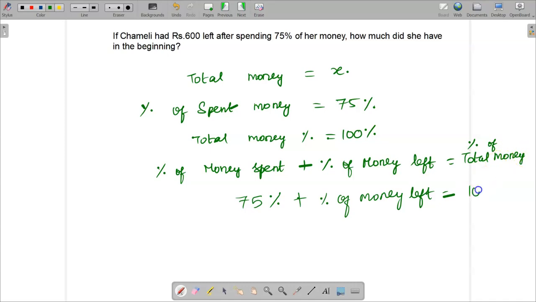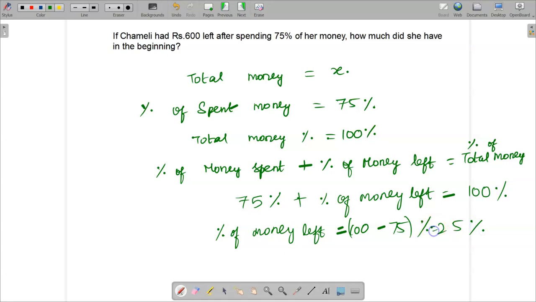The percentage of total money is always 100%. So the percentage of money left is nothing but 100 minus 75%, which is 25%. So the leftover money is going to be 25% of the money.